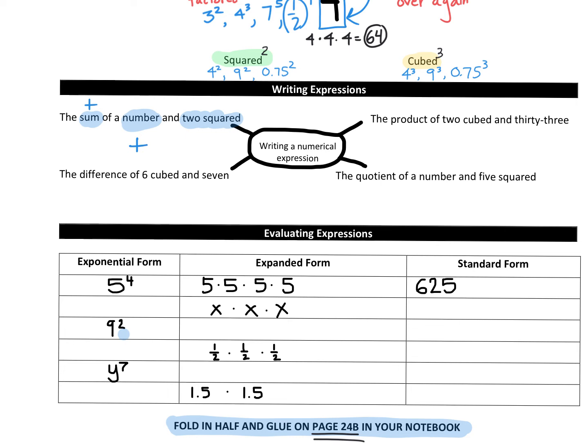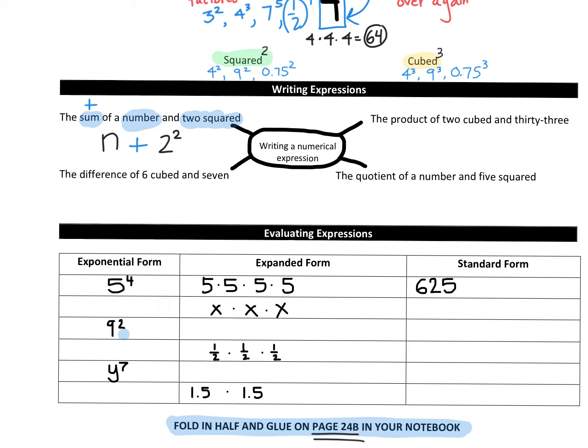A number, well, I don't know what in the world that number is, but I know what I can use instead. I can use a variable, so I'll use n. You can use any letter you want. I use n because it says number. So the sum of a number and 2 squared, so I know squared means to the second power, so it's 2 to the second power. That's how you write an expression, right?